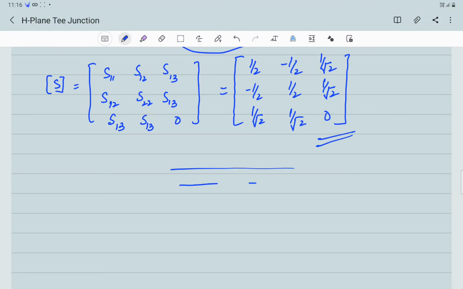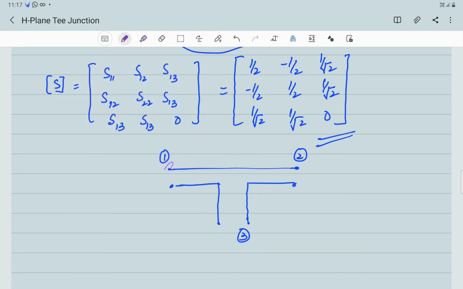So as we have seen, an H plane T is basically a 3-port junction. This is a cross-sectional view of an H plane T junction, which has 3 ports. Port 1 and port 2 are collinear, and port 3 is the side port.